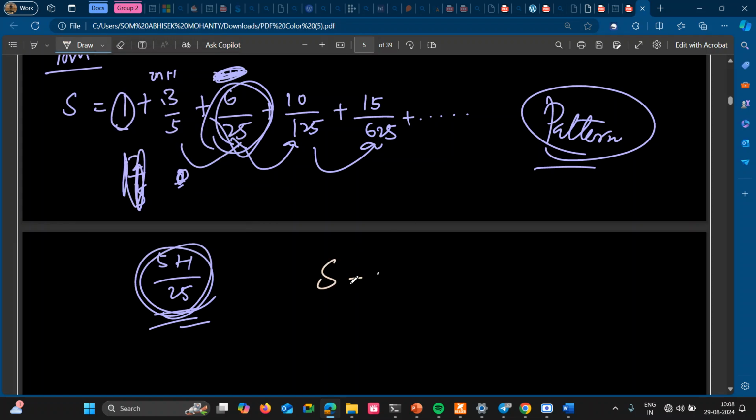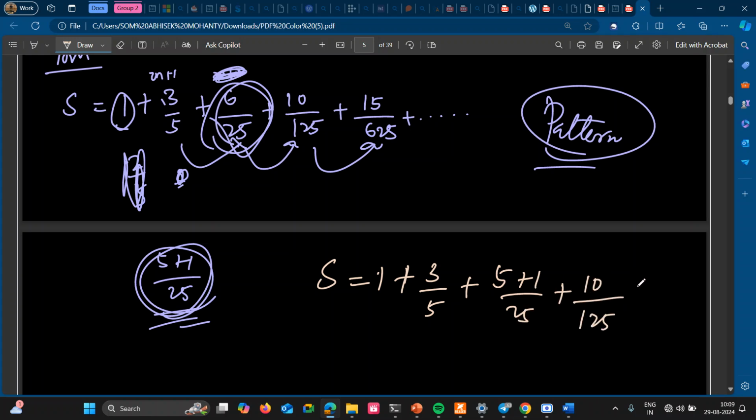So, S is equal to 1 plus 3 by 5 plus 5 plus 1 by 25, plus 10 by 125 plus 15 by 625 and it goes on.